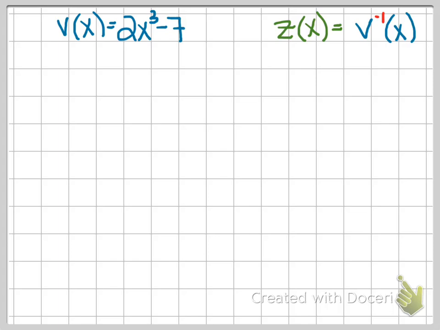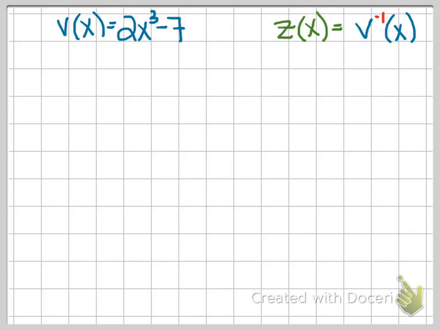I remember from previous knowledge, I know how to find the inverse of multiplication, and I know how to identify the inverse of addition. So how do I find the inverse of a function when it's a bunch of different operations altogether?